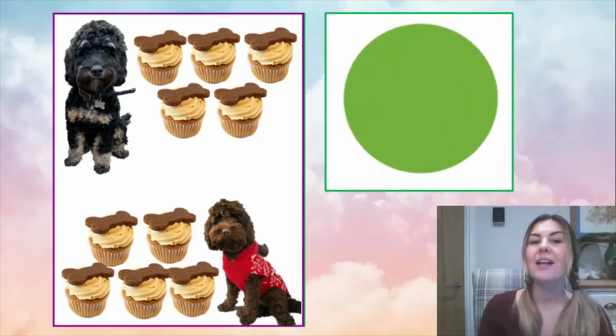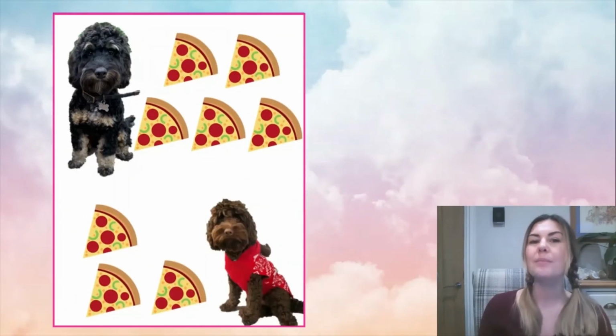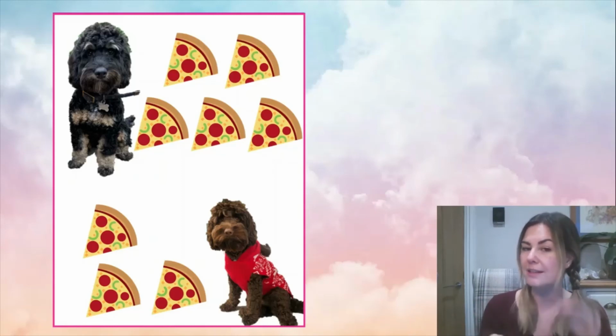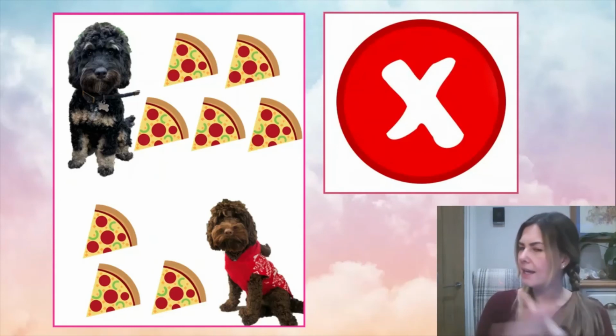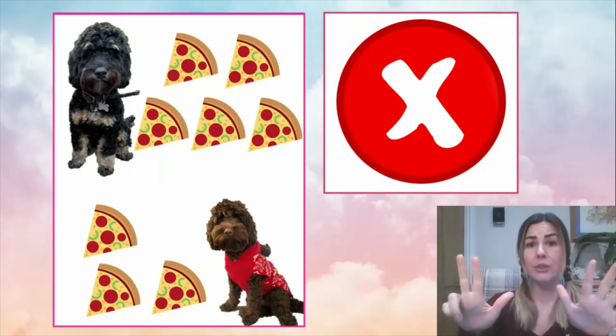Fantastic. Next challenge. It was the pink box and we had some pizza slices. Did they halve the pizza slices correctly or incorrectly? Well done if you said incorrectly. Mochi had 5 pizza slices and Soji only had 3.